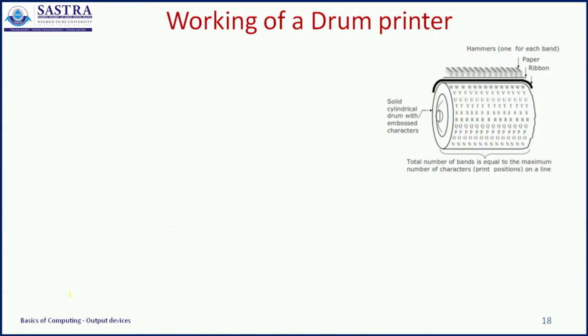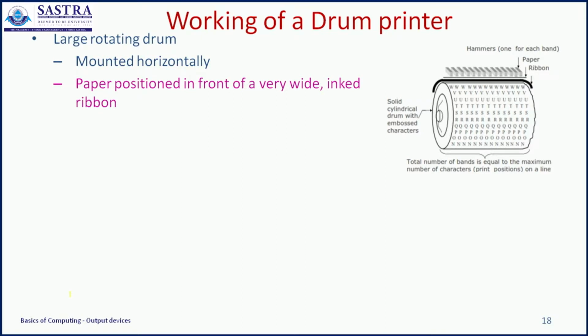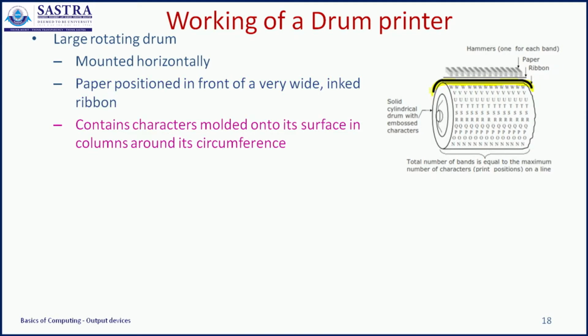Let us see the working of a drum printer. The drum printer has a large rotating drum which is mounted horizontally. The paper is positioned in front of a very wide inked ribbon, which is positioned in front of the drum. It contains characters molded onto its surface in columns around its circumference.